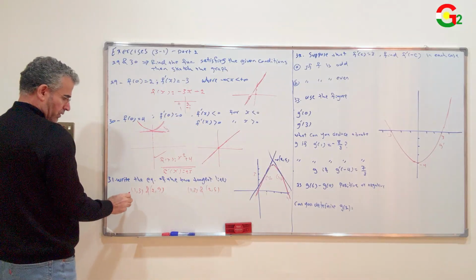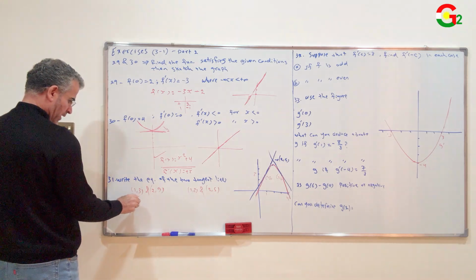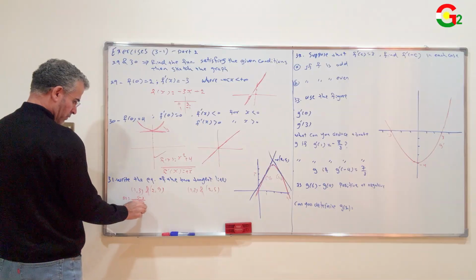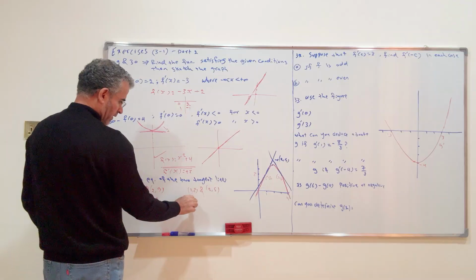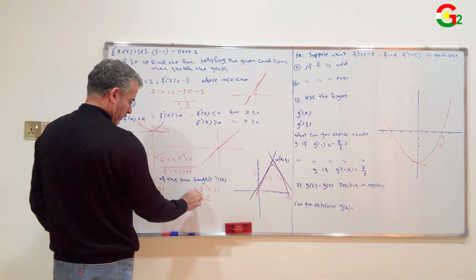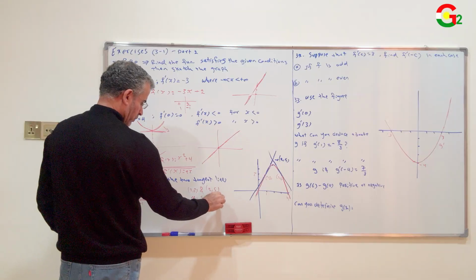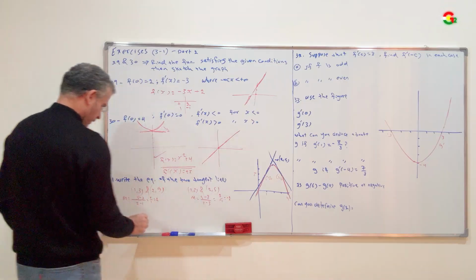To find the equation of this line, find the slope first. 5 minus 3 over 2 minus 1, 2 over 1 equals 2. The slope of the second tangent line is 5 minus 3 over 2 minus 3, equal to 2 over negative 1, equal to negative 2.